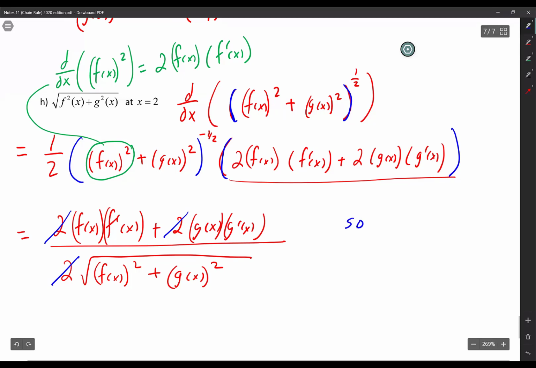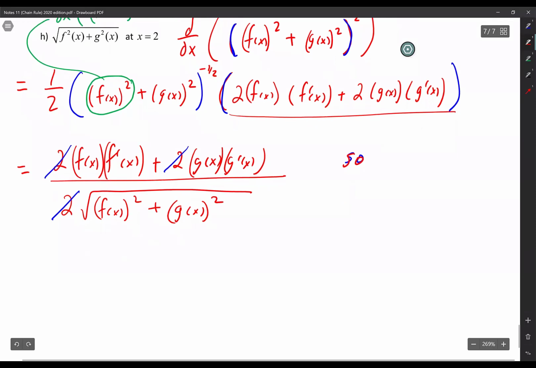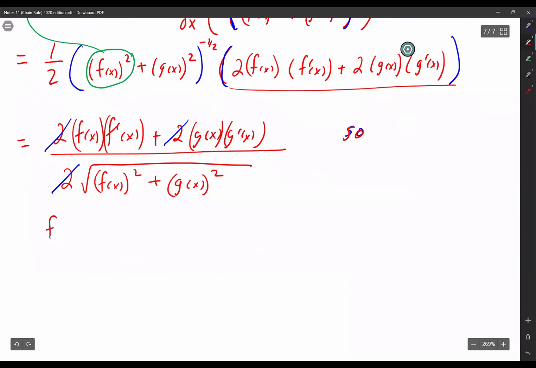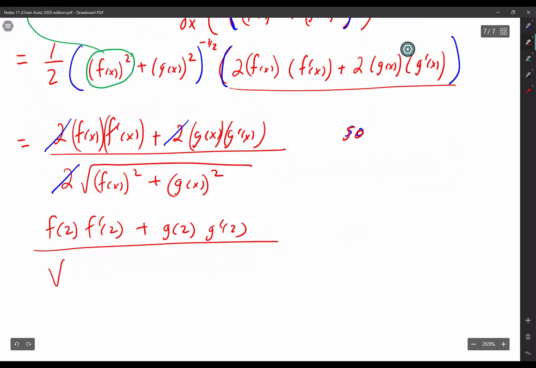So, what do they want it at? x equals 2? So then I should have f of 2, f prime of 2 plus g of 2, g prime of 2 over square root of f of 2 squared plus g of 2 squared.